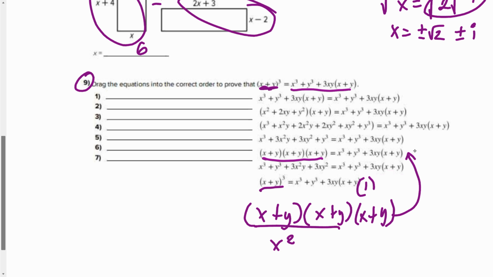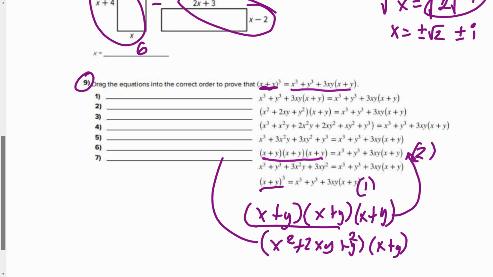We get x squared, so this is number 2. We get an x squared plus xy plus 2xy. There's really 2 of them in there. And then plus y squared times this. So that one is this one right here.